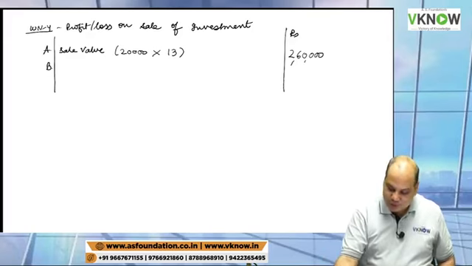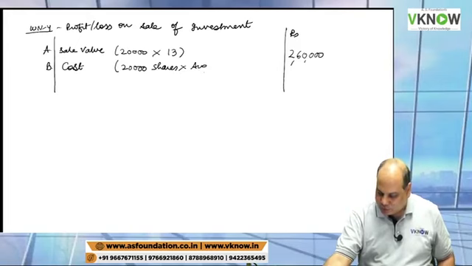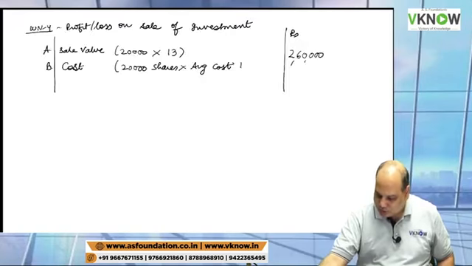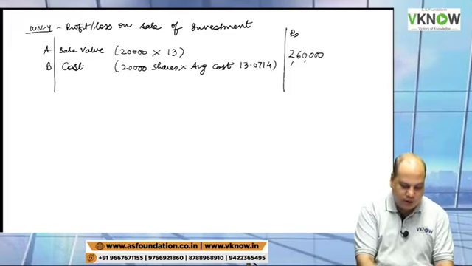Cost: 20,000 shares into average cost. Please go to working note number 3, average cost 13.0714. Multiply.